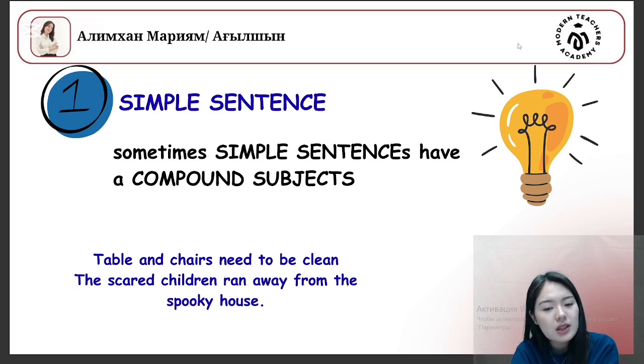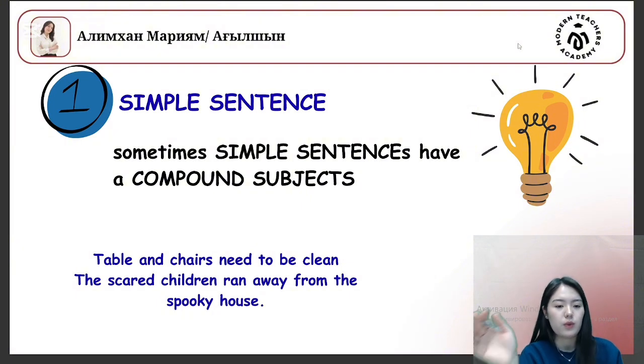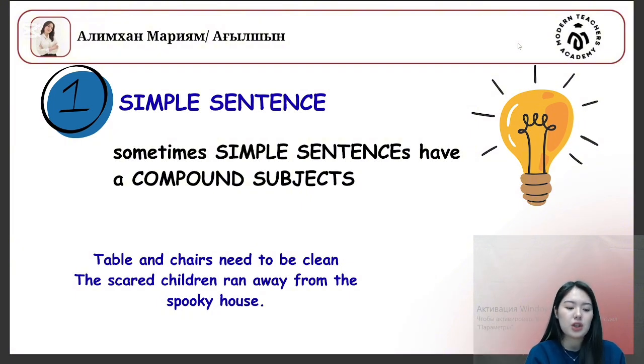The subject answers the question what or who: table and chairs. And the verb is need. The verb answers the question what does the subject do, and it's an action. The table and chairs need to be clean. Sometimes we have compound subjects in a simple sentence.